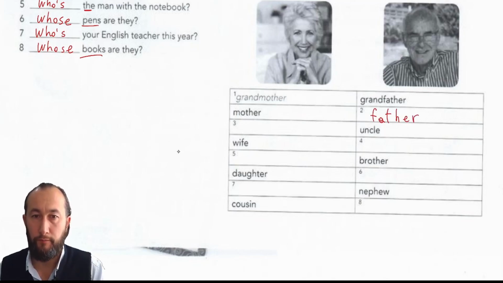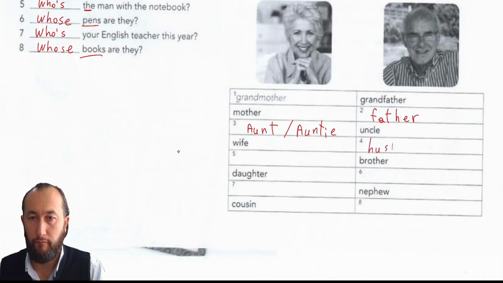So uncle, aunt. So we're going to write A-U-N-T, aunt. You can also say auntie. That's also fine. Wife will be husband. And brother is going to be sister.